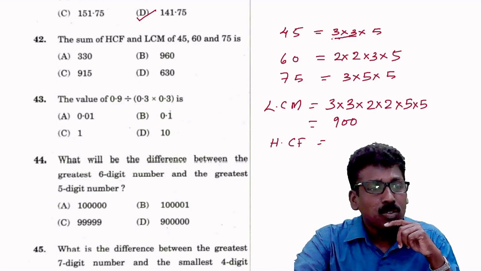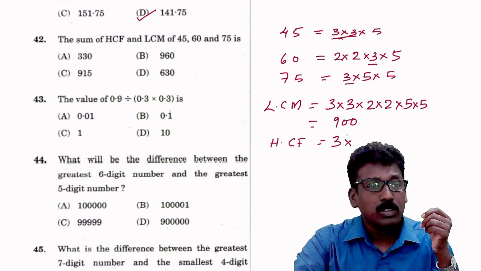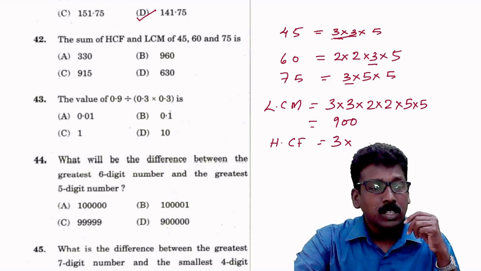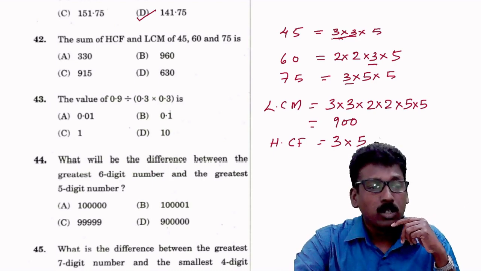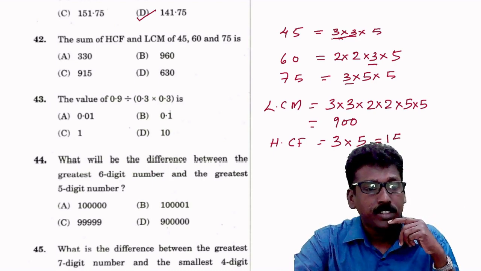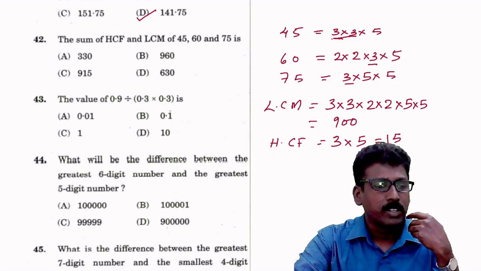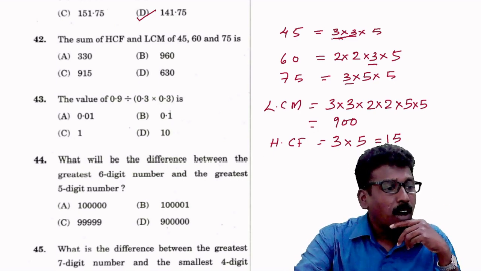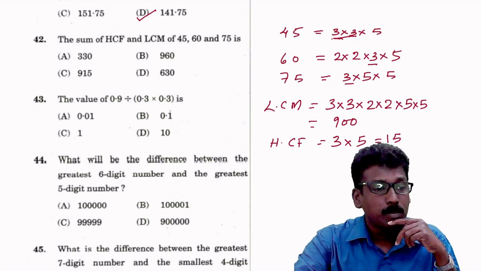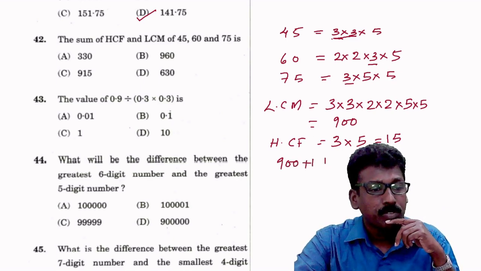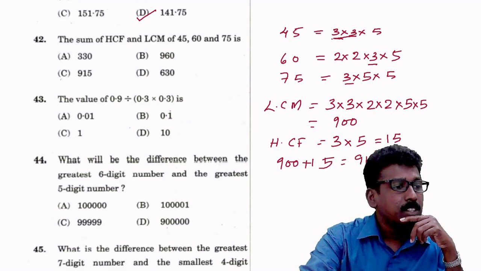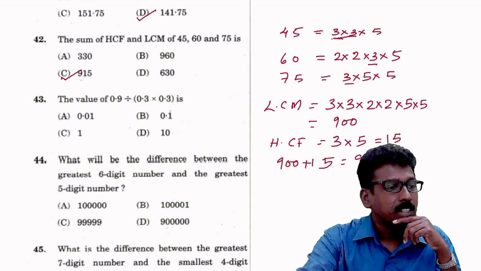Here 3 is common in all the numbers, so 3 you can take. 2 is not common in all numbers, and 5 is common in all numbers. So 3 into 5 which is 15. This you might have studied already. Now you have to find the sum of HCF and LCM, that is 900 plus 15. So 915 is the correct answer. C is the correct answer.